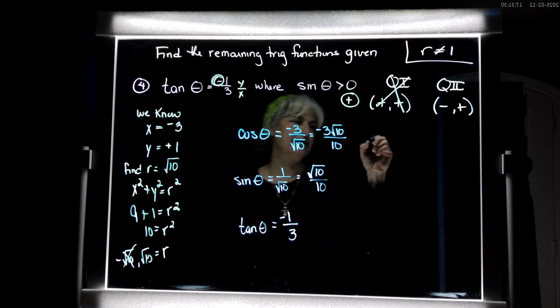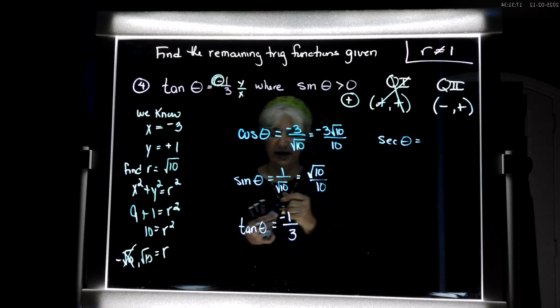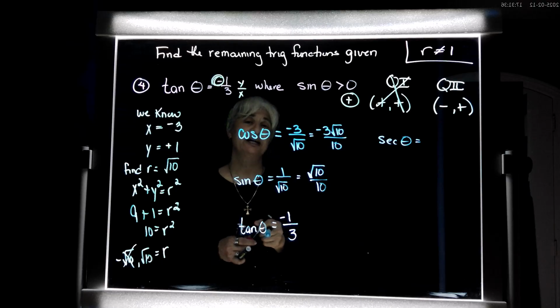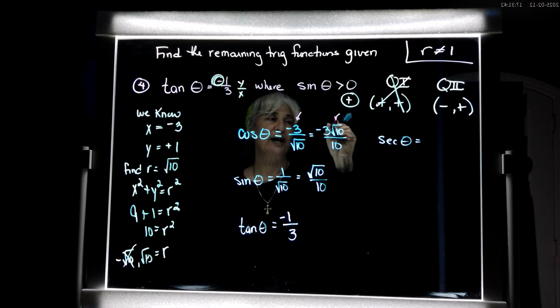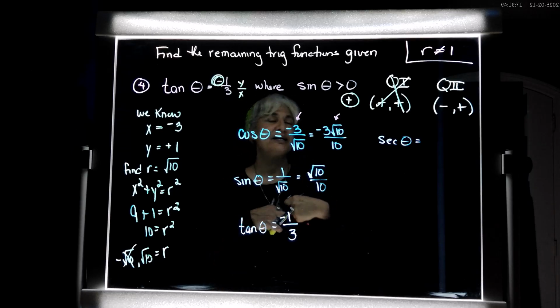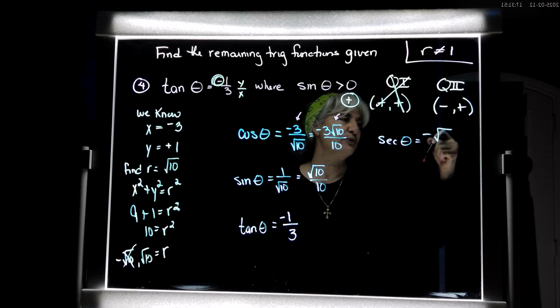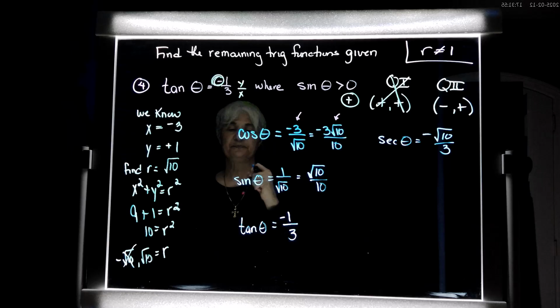Reciprocal is secant. Okay, so now remind me, what are we going to look at to reciprocate? The initial writing of cosine or the rationalized form of cosine? Which one's easier to flip over? Yeah, the initial. I agree. So it's a negative square root of 10 over 3. Good.